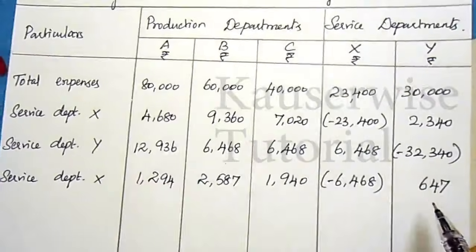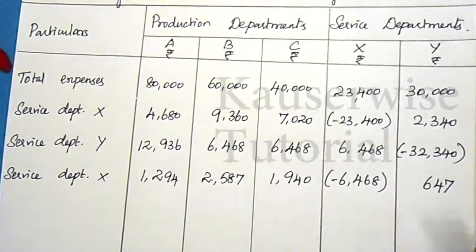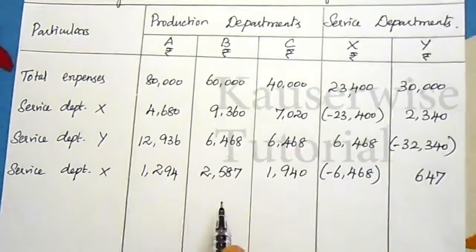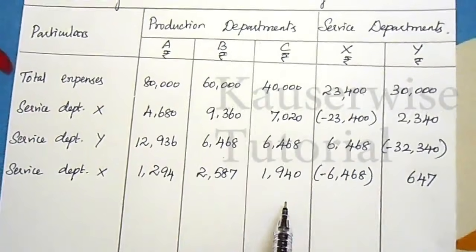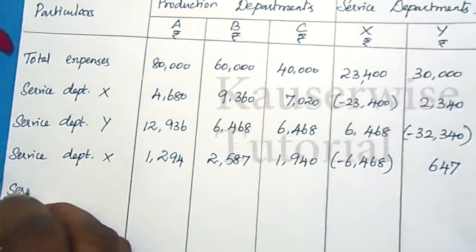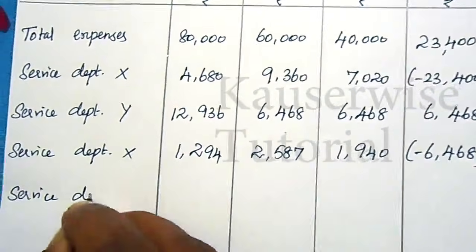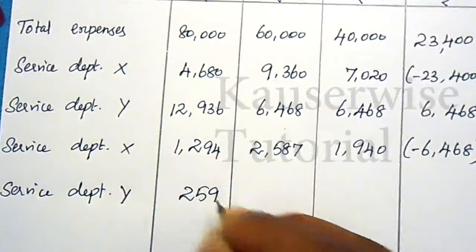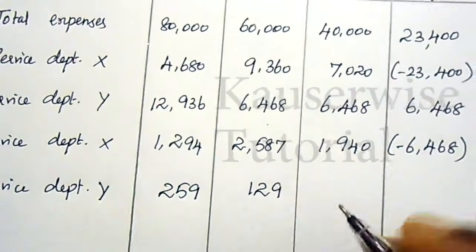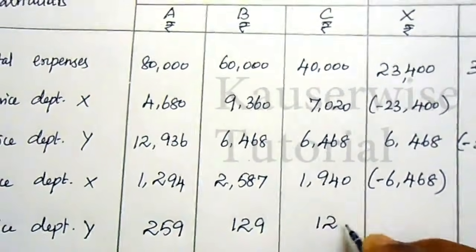647. Now Y department cost transferred to A, B, C and X. For A 40%, for B 20%, for C 20%, for X 20%. 259. Round up the figure. For B 129. For C 129.